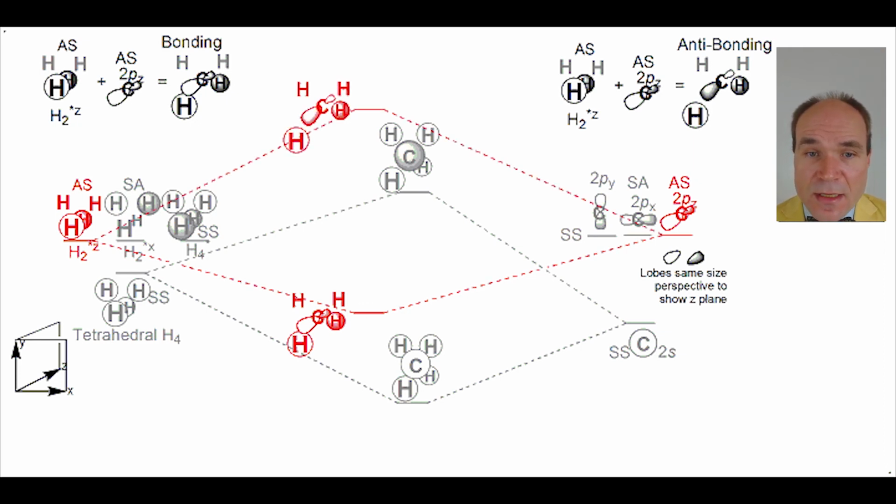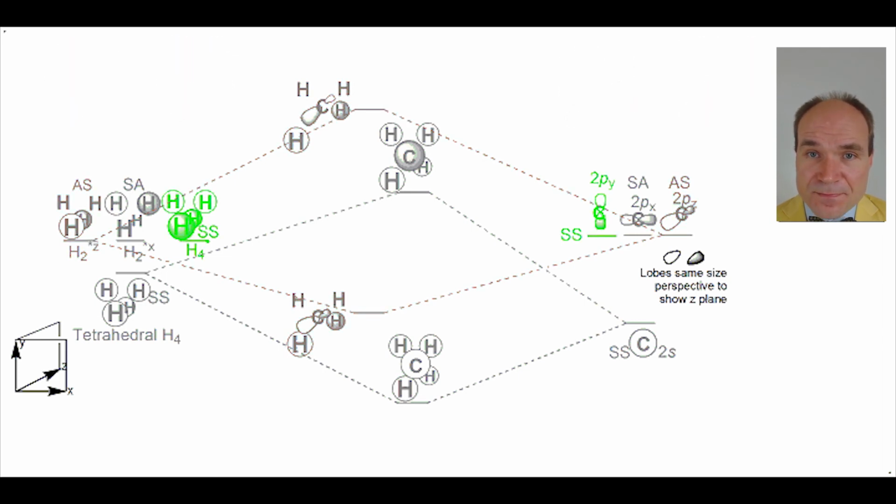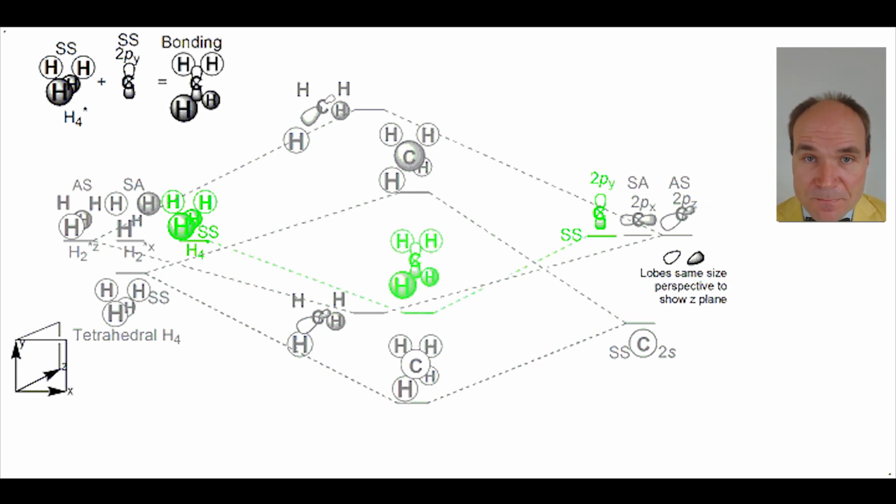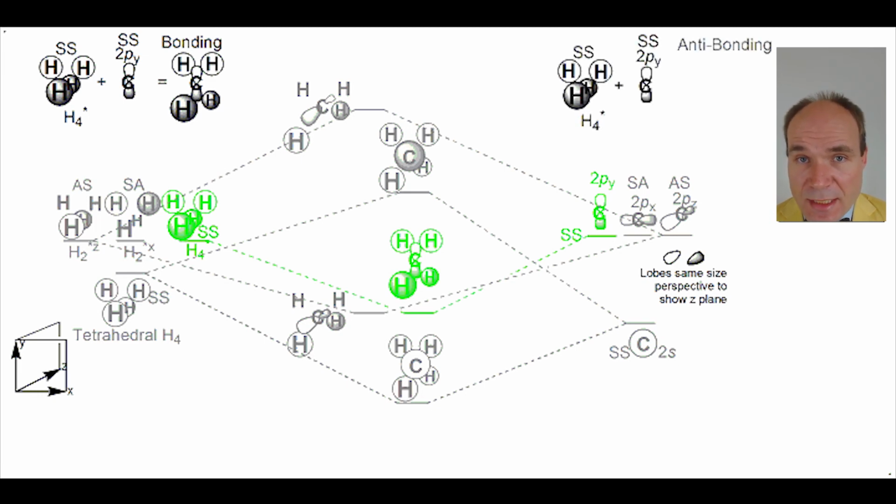Next, we're going to take a look at the SS situation. Here you can see we are partnering H4 with 2py to arrive at bonding interactions that correspond to the bonding orbital. If we take a look at the anti-bonding case, all we do is invert the sense of phase for one of the electrons in one of the partners.